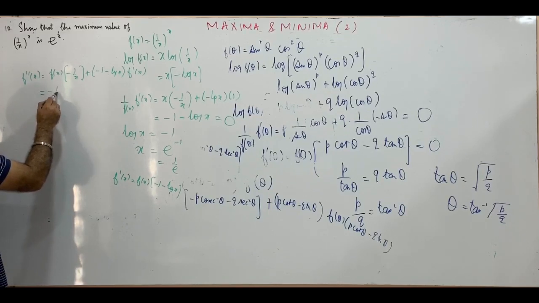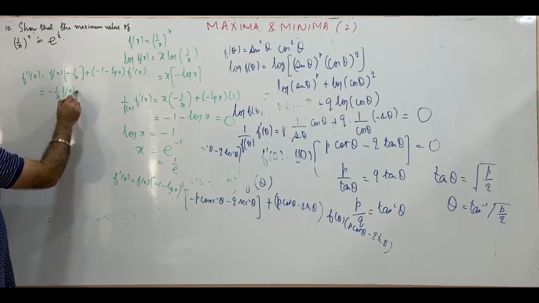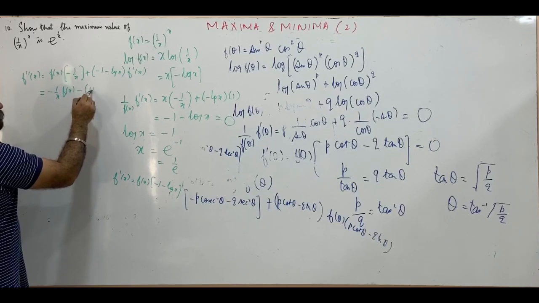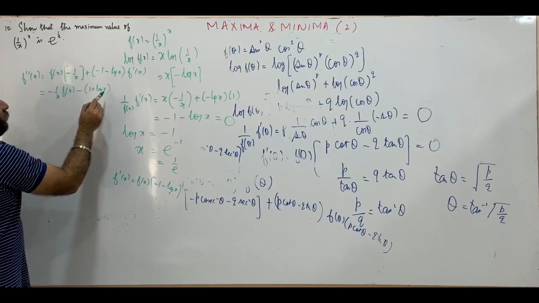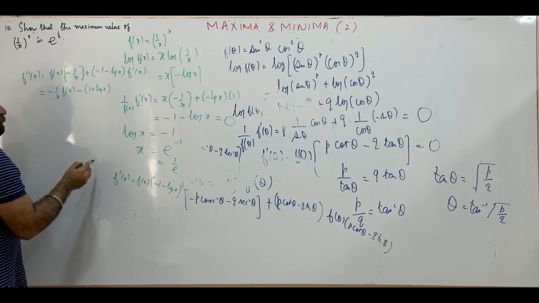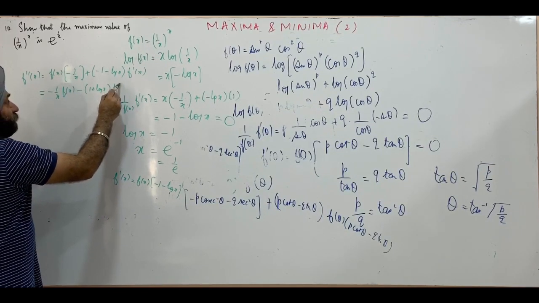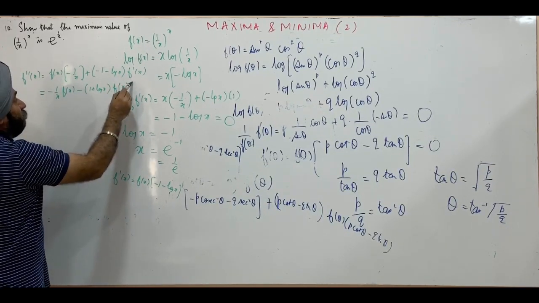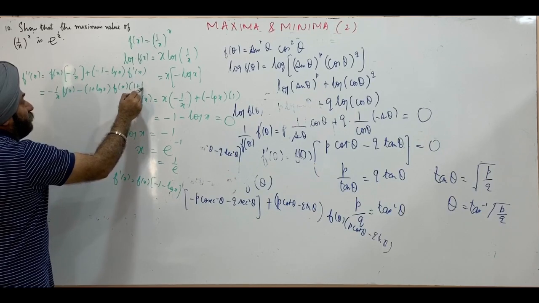This is minus 1 by x f of x, and minus 1 plus log of x into f dash of x. F dash of x is f of x into 1 plus log of x.